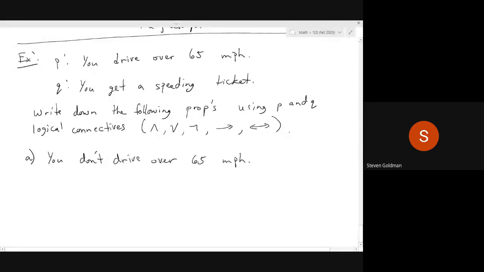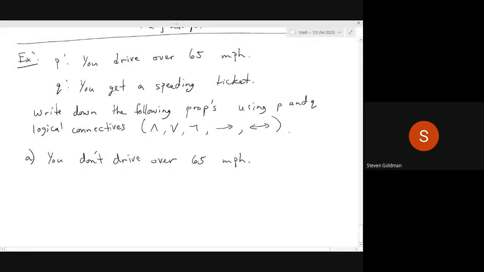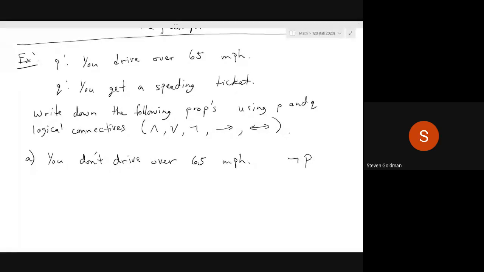How would you express that in logic? Exactly. That's just not P, the negation of P. It's not the case that you drive over 65 miles per hour. Let's move on to the next one.